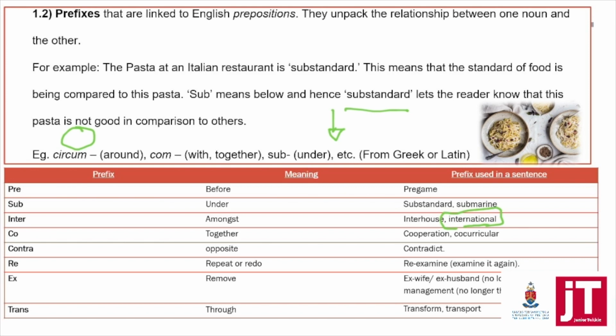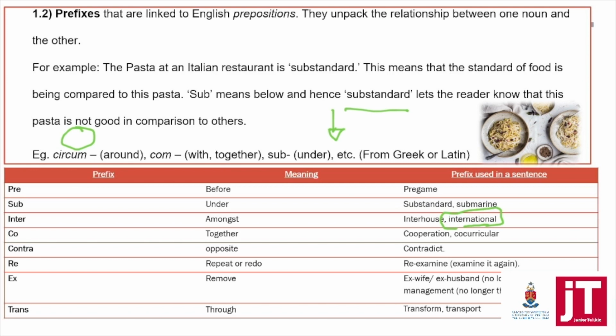Okay, so do you see how these words are showing the relationship between two nouns? It's like the school is having an inter-house gala. You kind of understand that this gala is happening amongst the different houses. So it just gives more of it, and it unpacks the relationship of the situation. My goodness, English. Okay.